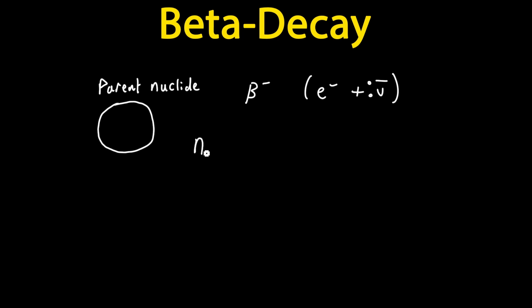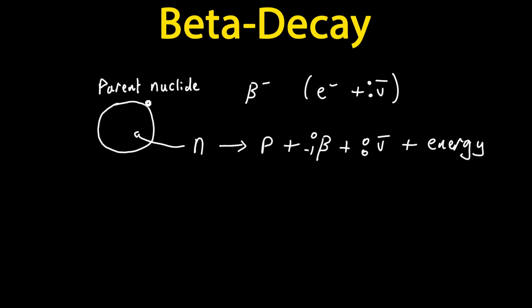So if we have a single neutron in the parent nucleus somewhere, it transforms into a proton, and through this process an electron gets ejected, and we can write it like this, with an anti-neutrino plus energy.